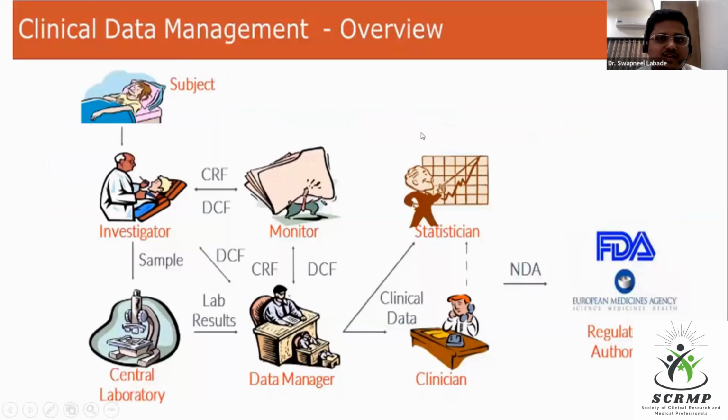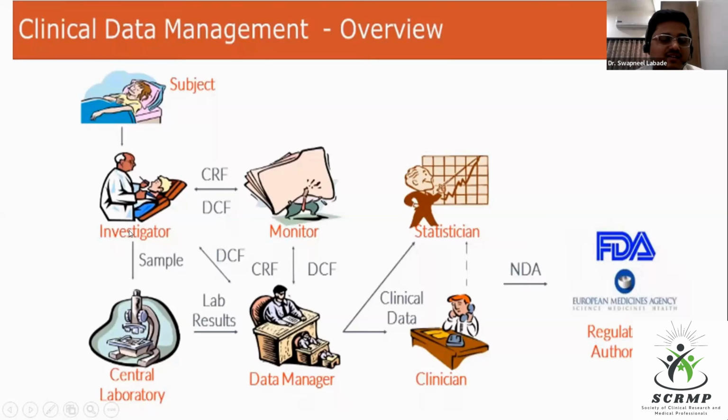Then this is the data flow for clinical data management. As we discussed, the subject will get hospitalized, and then the investigator will check the feasibility of whether the subject can participate in a trial. If the subject agrees, then the ICF will be signed.